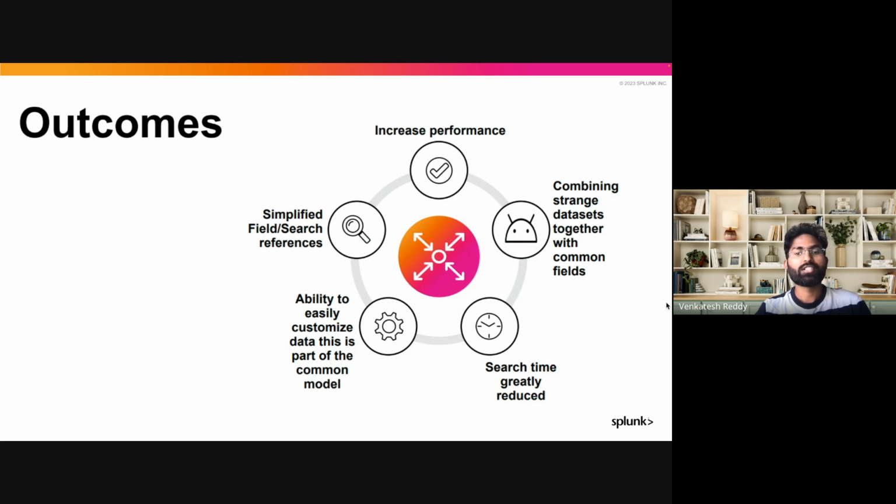So in addition to the increased performance, one of the biggest things is your search time is greatly reduced. We'll cover this in the demo, and we'll talk about why this search time is greatly reduced. And the last thing, which I think is most interesting and most advantageous about the data model, is the way to make a common set of references for very different sets of data.